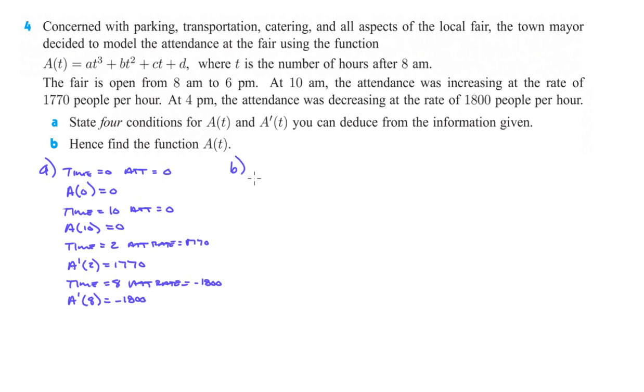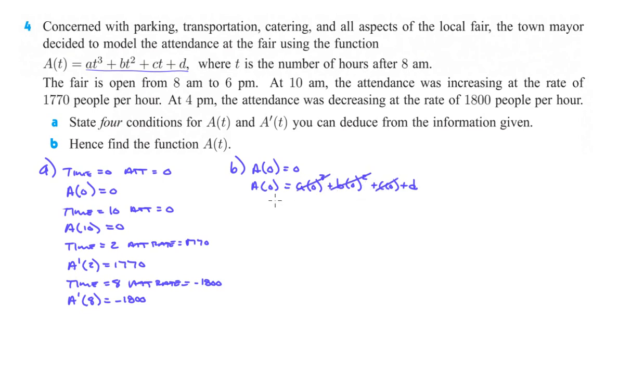Okay, so for part B, we know that the attendance at time 0 equals 0. So if we plug in A of 0 equals, using our original formula, A times 0 cubed plus B times 0 squared plus C times 0 plus D, those all turn into zeros.